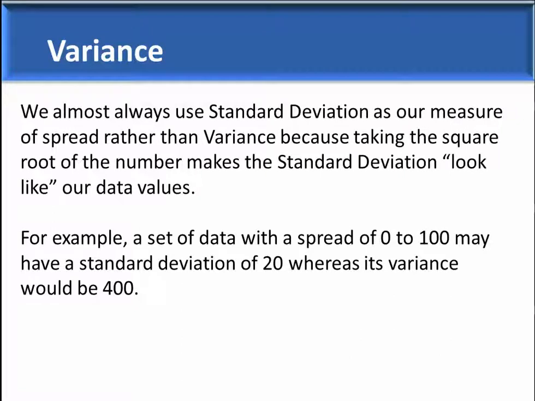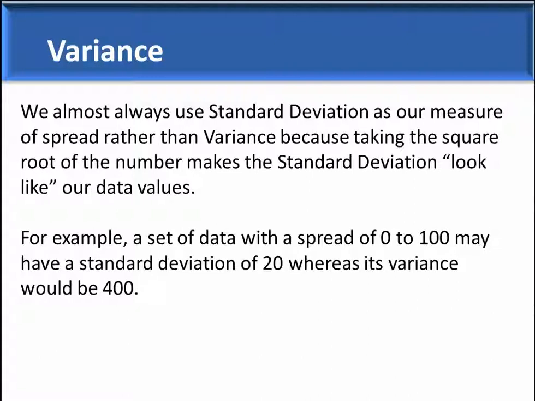Now, if you notice from the definition of variance, variance is the square of standard deviation. So you may say to yourself, why don't we just use variance rather than doing that last step in square rooting? Because now we're square rooting and then squaring again to get the variance. The reason that we use standard deviation instead of variance is because taking that square root makes the standard deviation look more like our data values. It's easiest to explain by giving an example.